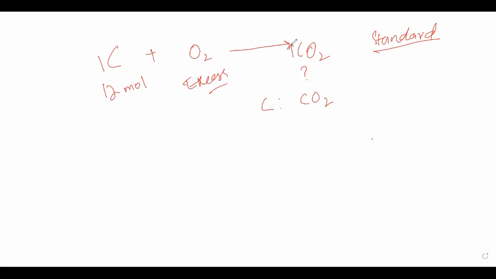We don't need to write the 1 here, but I'm just explaining for you. So 1 mole of carbon will produce 1 mole of carbon dioxide. If you have 12 moles of this, 12 moles will be produced. So we can find by comparing reactant with the product.